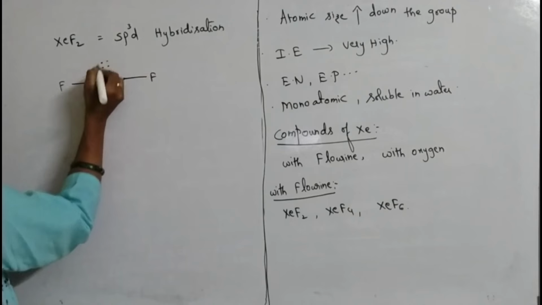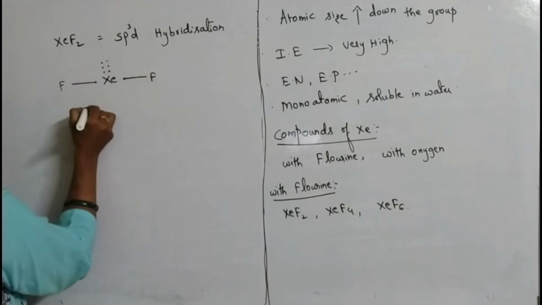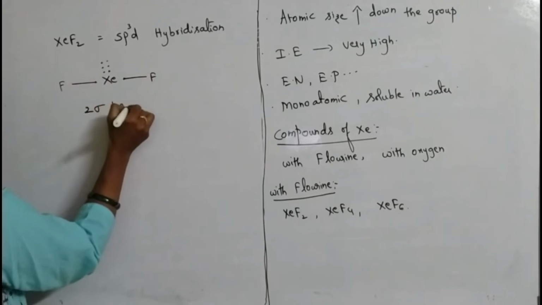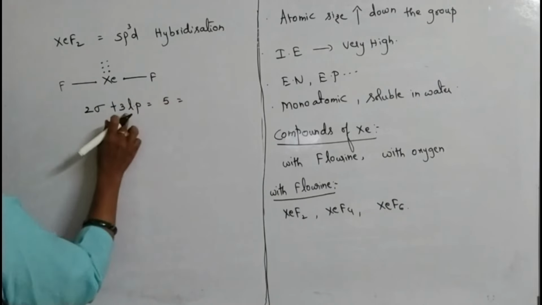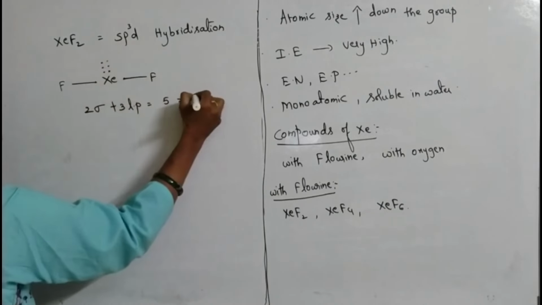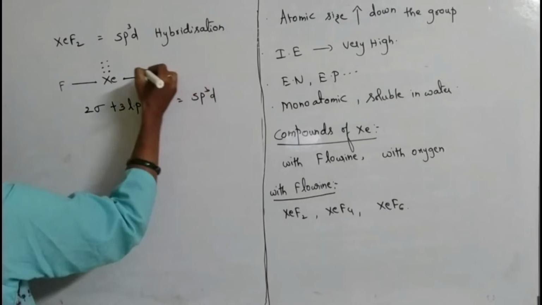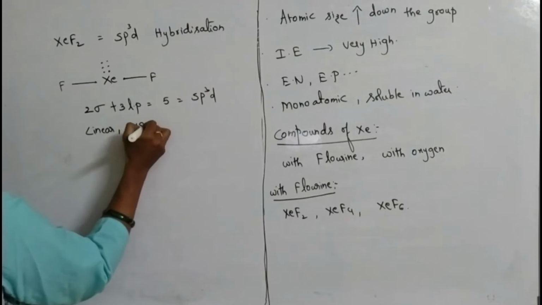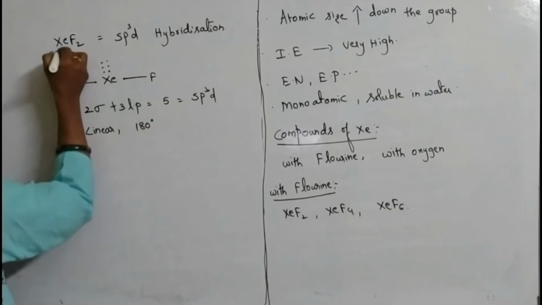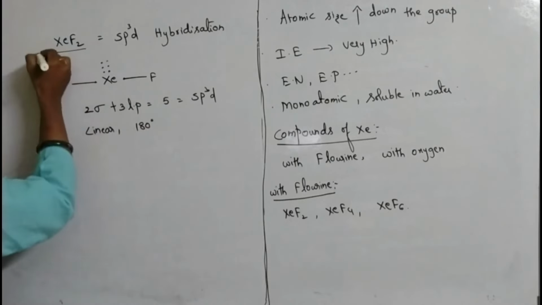So 2 sigma bonds and 3 lone pairs, total is 5, so it is sp3d hybridization. The shape is linear. For XeF2, the bond angle is 180 degrees.